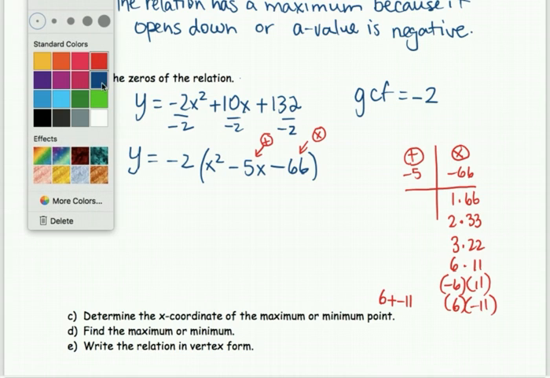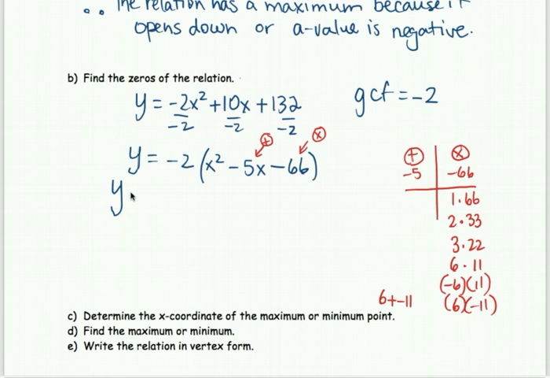So let's factor this quadratic out. We factored a little bit, but we always want to factor as far as we can. So this is factoring as far as possible when we write out these ones here. We get the +6 and the -11. Our goal here is to find the zeros, which if you were to graph it, represent the x-intercepts.